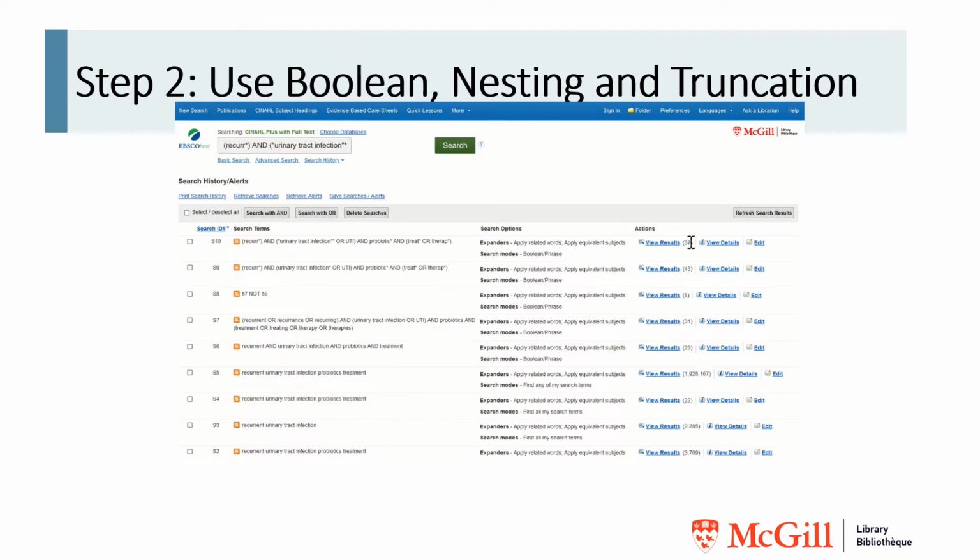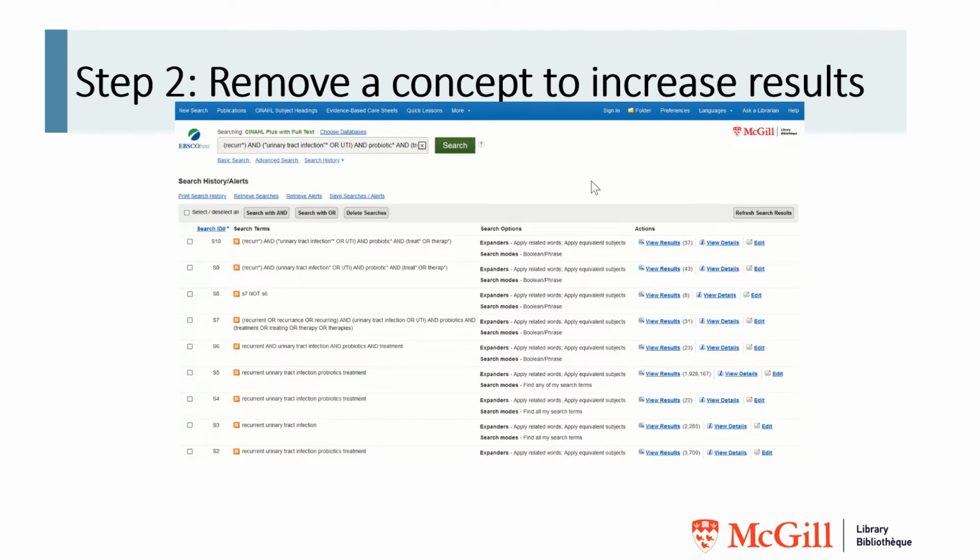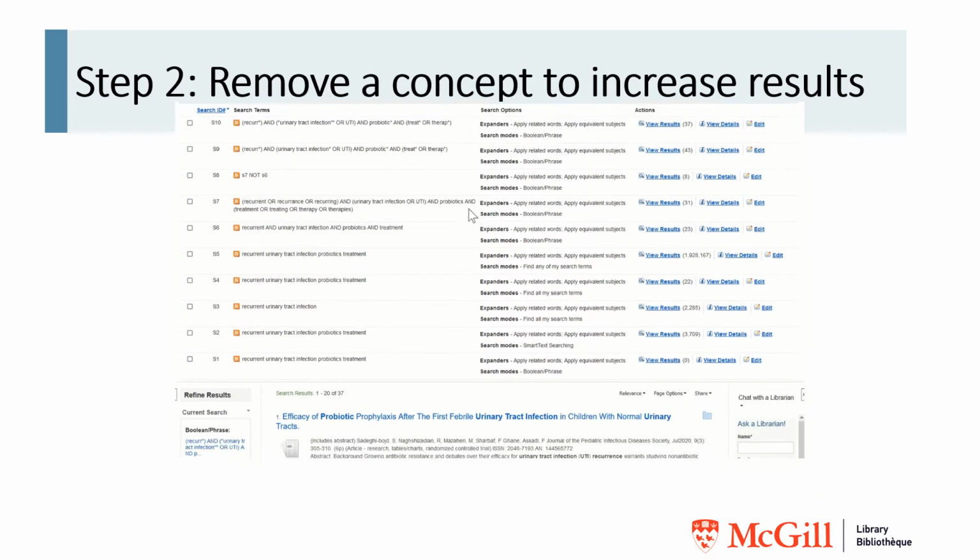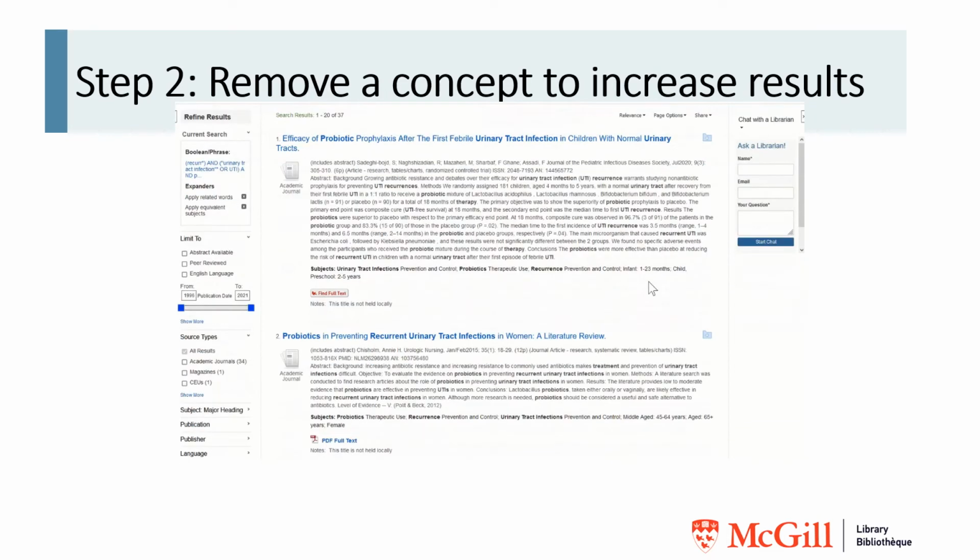So that brought us down a little bit, just in case there were articles there before that had the words urinary tract in one place and infection in a different place. We still want to scroll down and look at what we found and make sure that it's relevant.